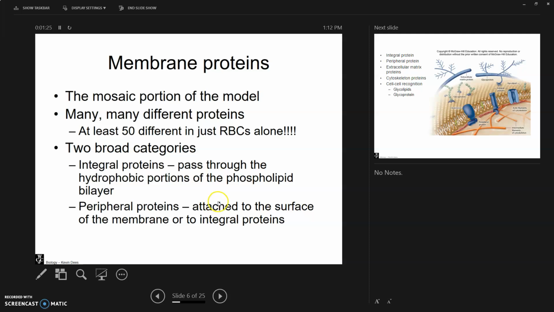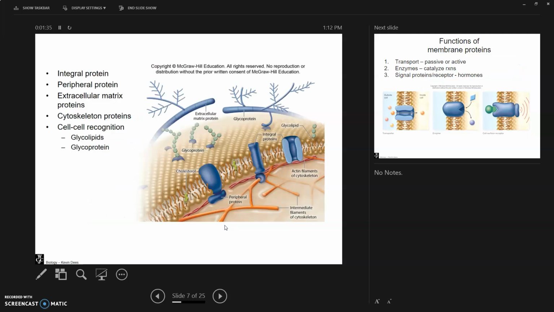These peripheral proteins are simply attached to just the surface of the plasma membrane or to integral proteins themselves. So if we look at this artist illustration of the fluid mosaic model, we can see an integral protein passing completely through the phospholipid bilayer, while these peripheral proteins are attached simply to either an integral protein or to the phospholipid bilayer on one side.